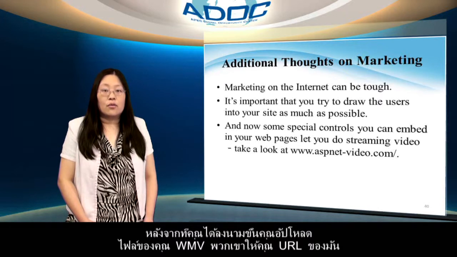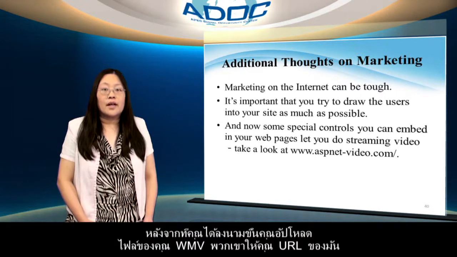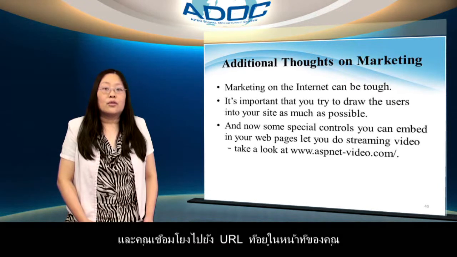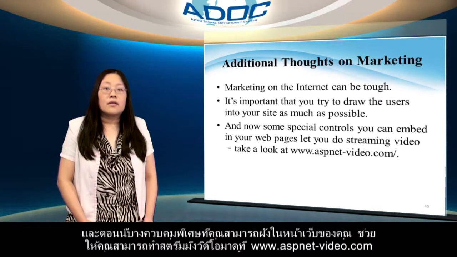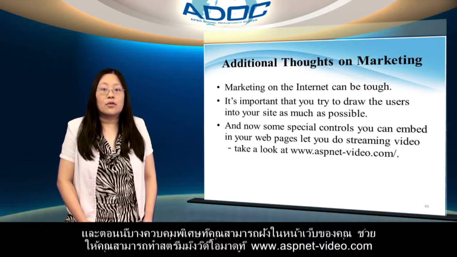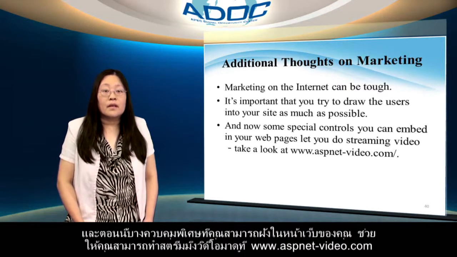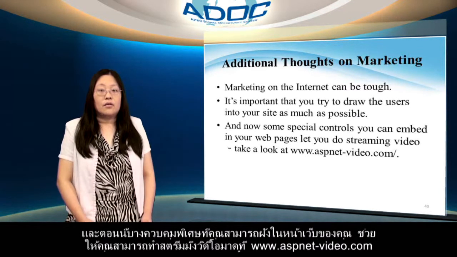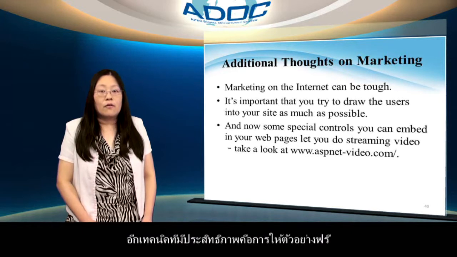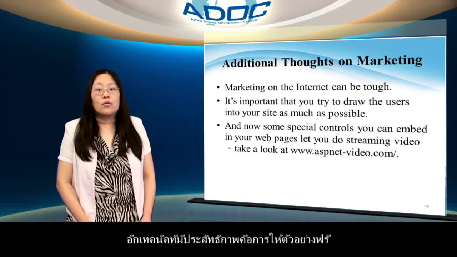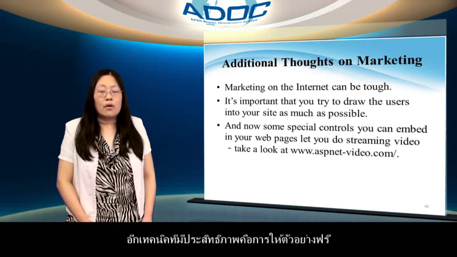They give you its URL, and you link to that URL in your landing page. And now some special controls you can embed in your web page let you do streaming video. Take a look at www.aspnetvideo.com.